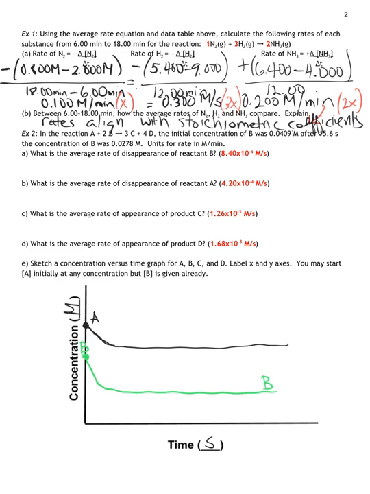Now we go into C and D. C and D are going to be 3 times that of A, so it's going to be even more of an increase. C starts at 0 because it's a product. And when I show C, I'm going to see it move quite a bit sharper than B. And then, of course, D, my last one, is also going to start where C starts because it's a product.